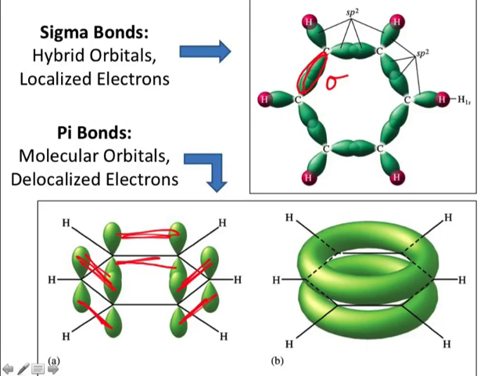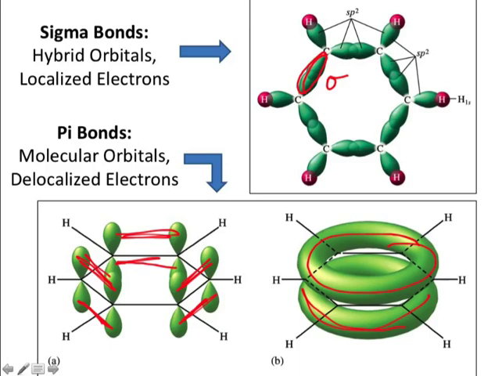But since we know that this really resonates, what that means is that these electrons are delocalized and they can run all the way around this ring, kind of like a racetrack, but they're waves. Electrons are waves, so you can't really think of them that way. But the electrons are free to roam around this entire structure, both above and below the plane of the benzene ring. Then there's 6 electrons that are running around this structure because there's 2 electrons in each of these pi bonds, and then there's 3 pi bonds.